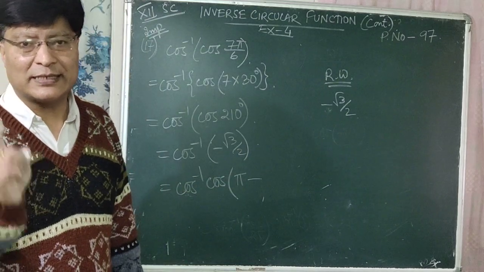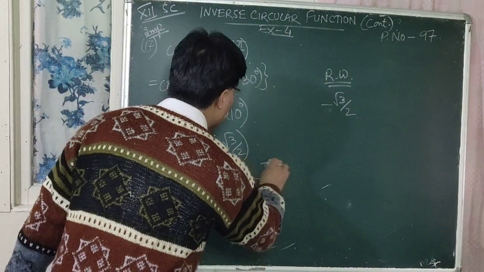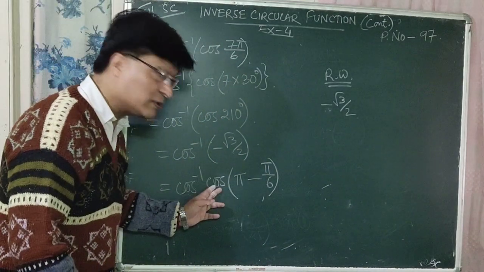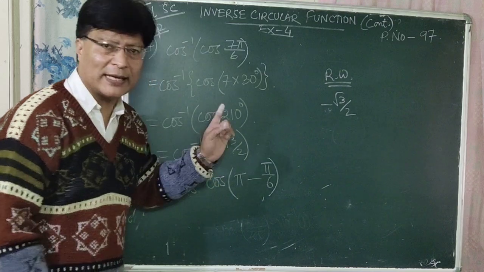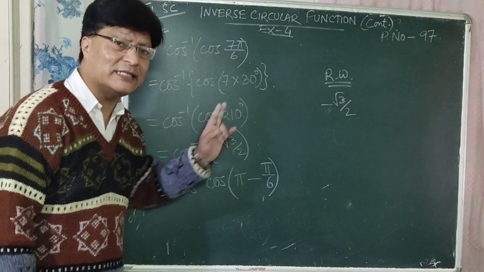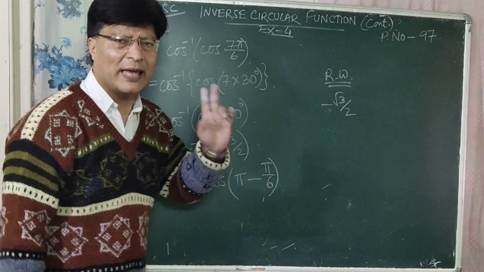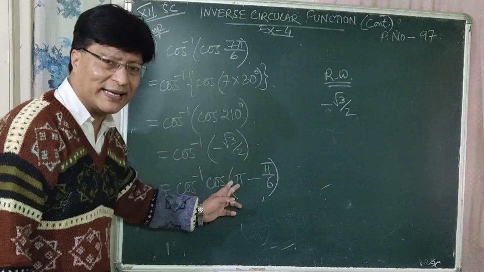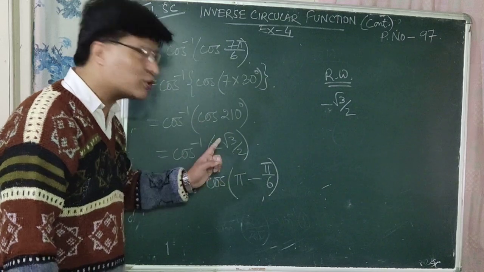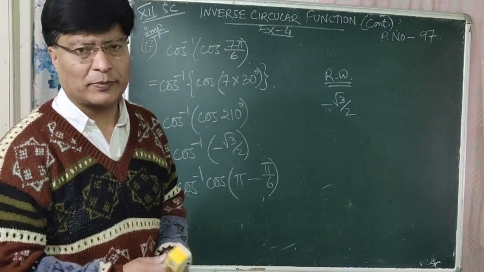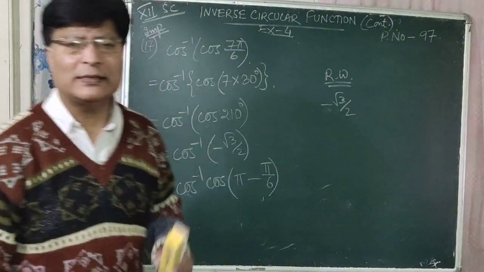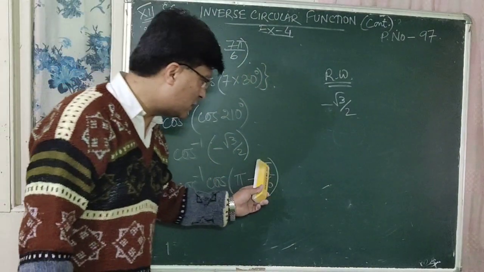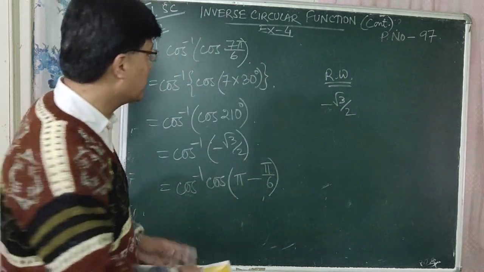It is 30 degree. 30 degree means it is pi by 6. Since the angle lies in the second quadrant, not this value actually, that's why you have to write cos 180 degree minus. Now cos of which angle is root 3 by 2? That is your 30 degree. So you should write 30 degree in terms of radian, that is pi by 6.